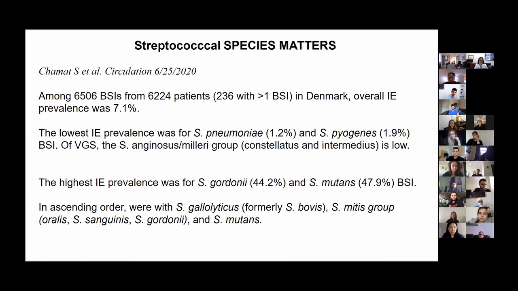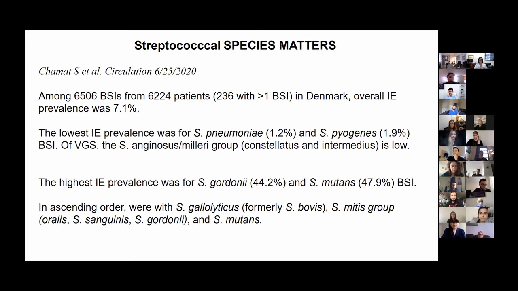And this is a nice article coming out of Denmark, where they looked at various strep species and found that infectious endocarditis was pretty low for pneumococcus and for strep pyogenes, group A strep. But it increased in particular with the viridans group, and they have changed their name so many times.